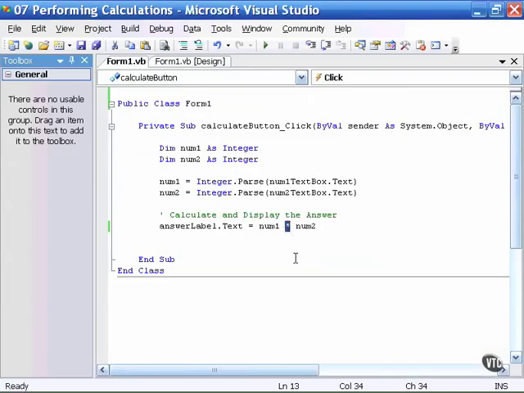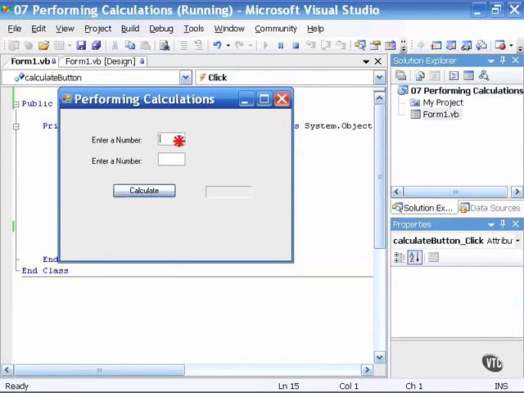Next, we'll change the multiplication symbol to a divide operation, which is the /, and we can run this program once again, and we'll divide 10 by 3, which yields the answer of 3.3333.